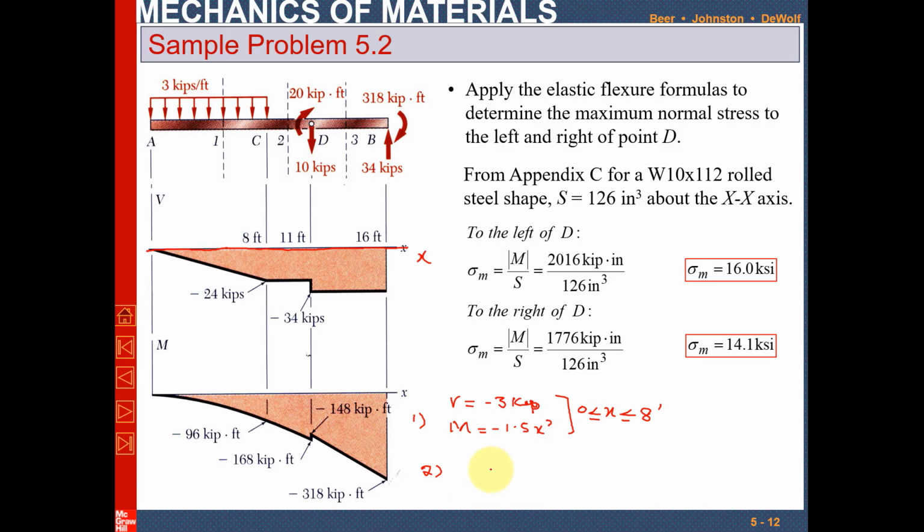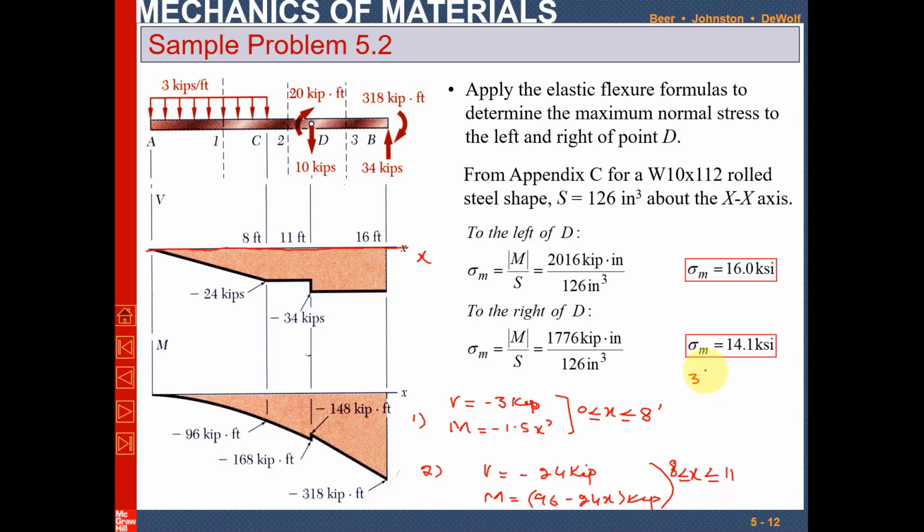The second one is V equal to minus 24 kips and M equal to 96 minus 24x kip-feet. And this was for x greater than or equal to 8 and less than or equal to 11.